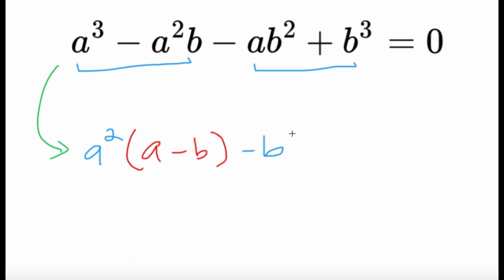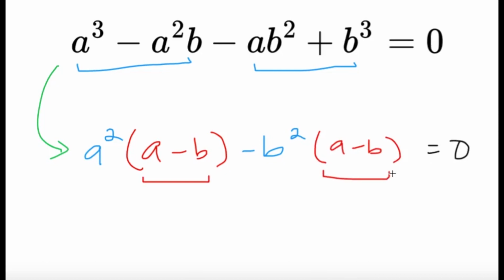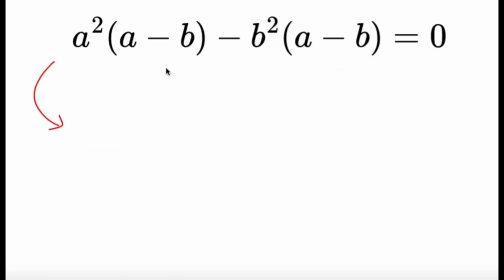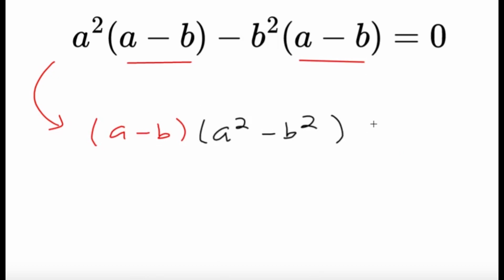I'm also going to end up with a minus b. Then we have the equals 0 over here. So here what we did is we technically factored by grouping, and then we got another common factor of a minus b between those two terms. So we can again factor out the a minus b, as you can see here. They both have a common factor of a minus b. We can factor the a minus b out, and then we have a squared minus b squared over here, and then it equals 0.